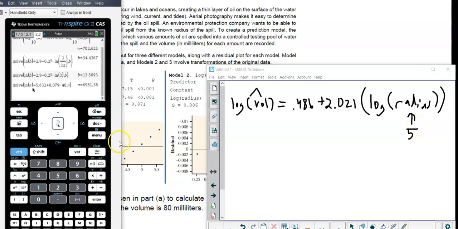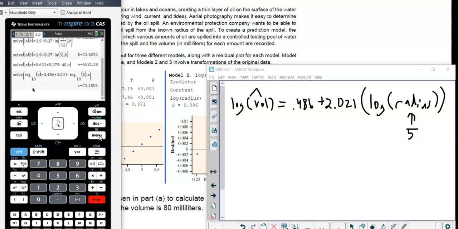So we're going to get our calculator out again. You can see that we do this a lot, menu 3, 1. So log of V equals 0.486 plus 2.021 times the log of 5, comma, we're solving for V there. 79.11806.